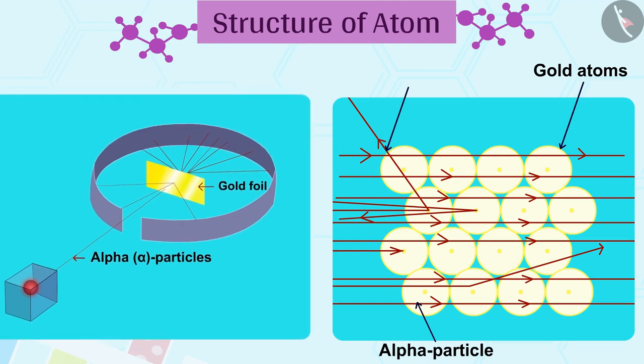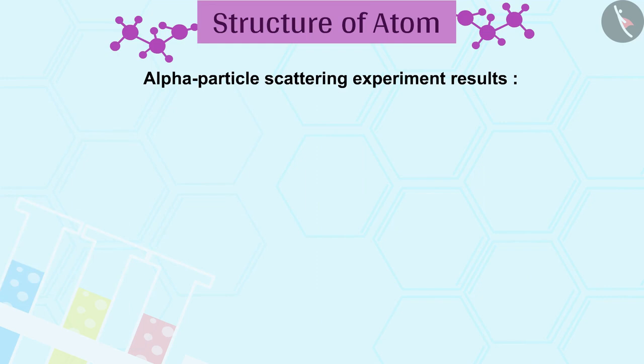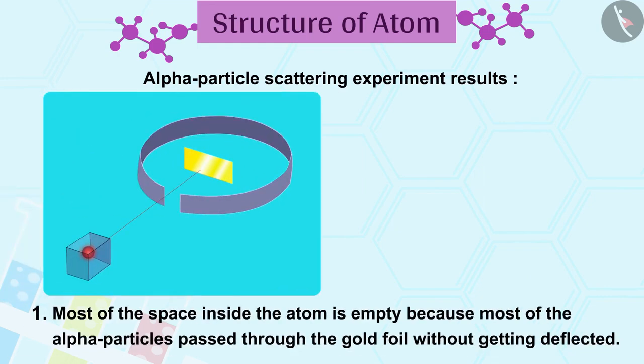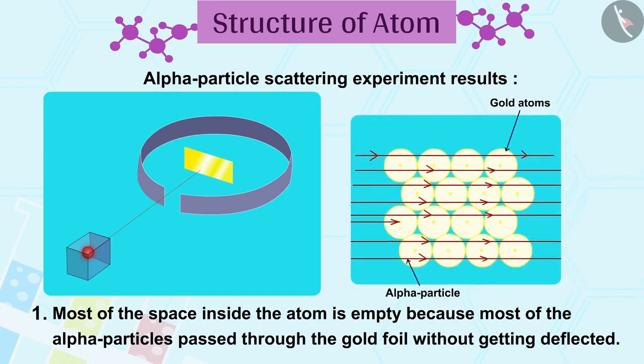Rutherford derived the following results based on the alpha particle scattering experiment. One, most of the space inside the atom is empty because most of the alpha particles passed through the gold foil without getting deflected.